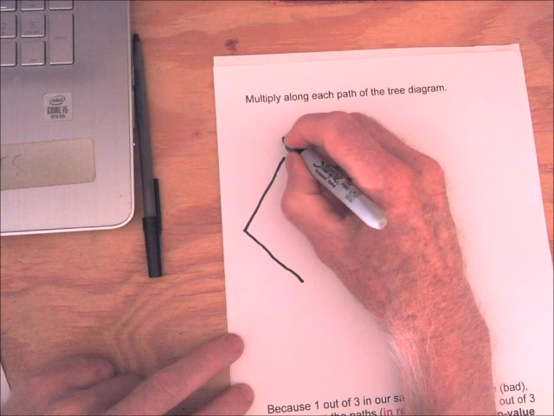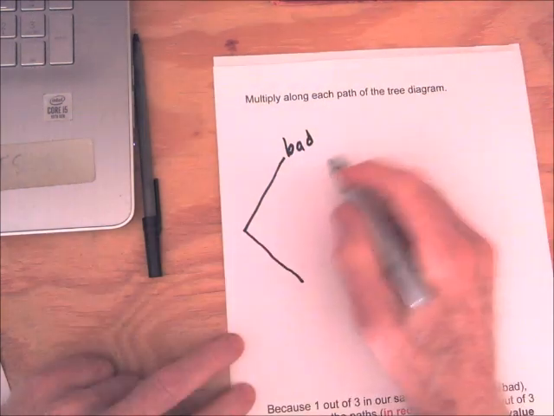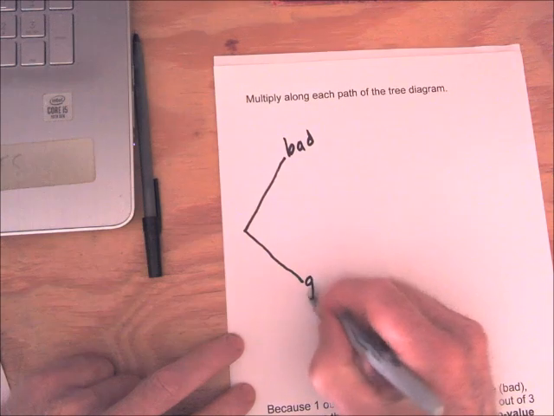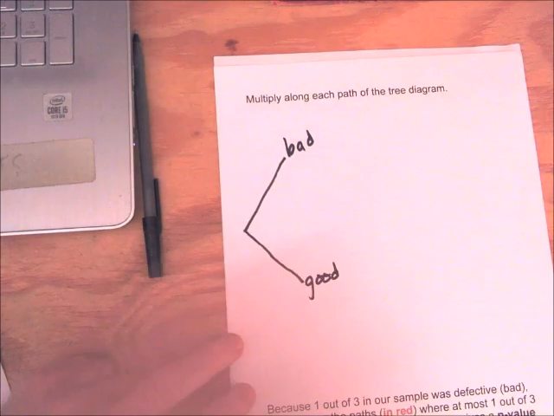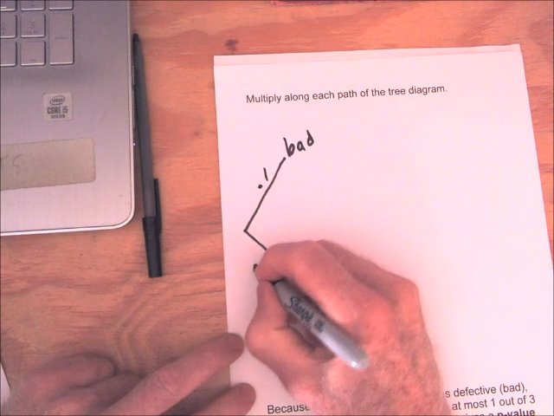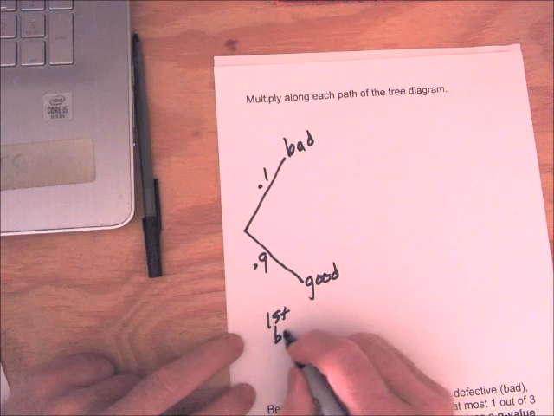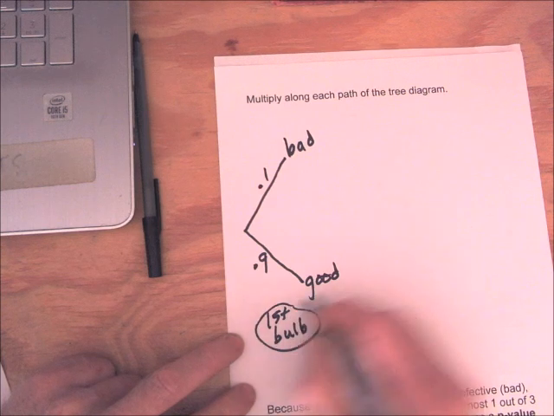I'll say bad, because defective has too many words, and I'm trying to fit it into the space here. And good. So if H naught is true, each light bulb has a 0.1 chance of being bad, a 0.9 chance of being good. So the first light bulb, either bad or good.